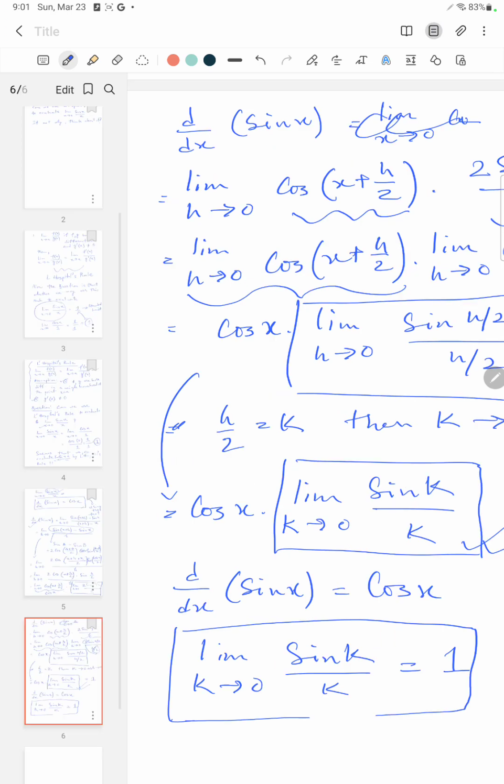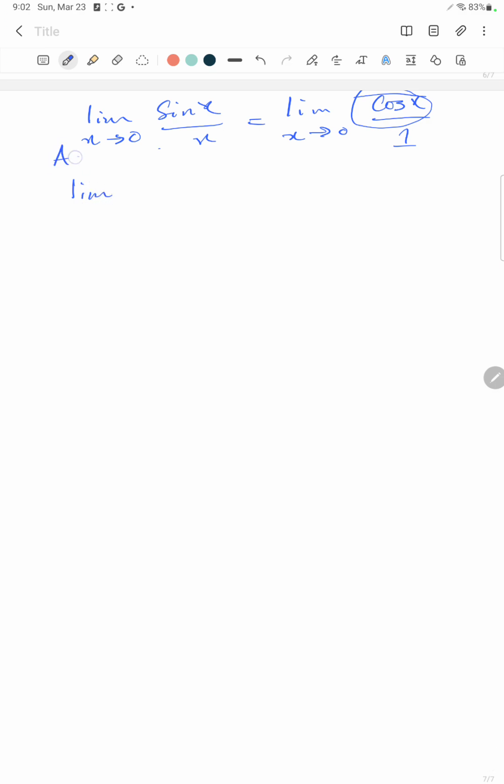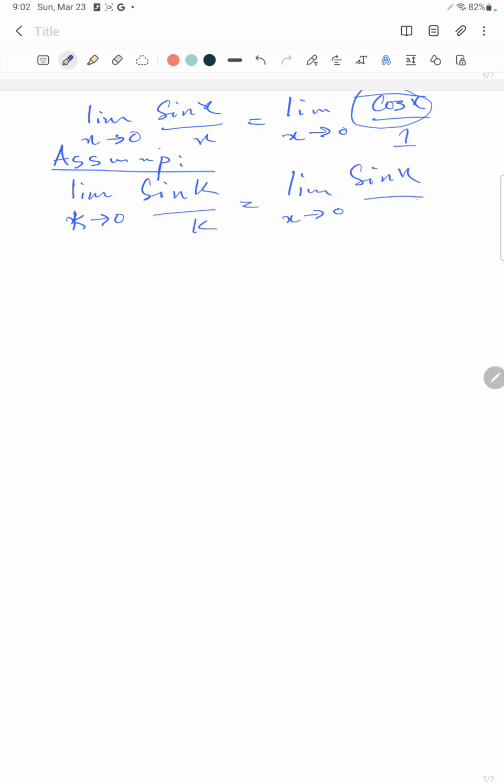So let us now check. When we apply L'Hopital's rule on this, we are saying that the derivative of sine x is cos x straight away. But when we say this, actually we are making the assumption that limit k goes to 0 of sin k by k, which is exactly limit x tends to 0 of sin x by x, is 1.